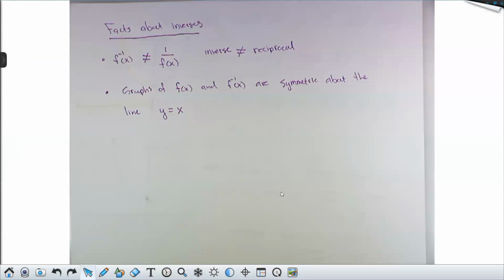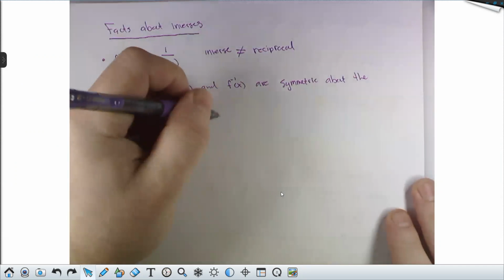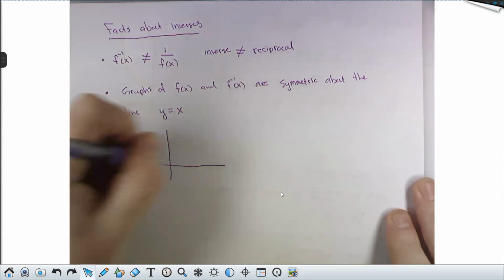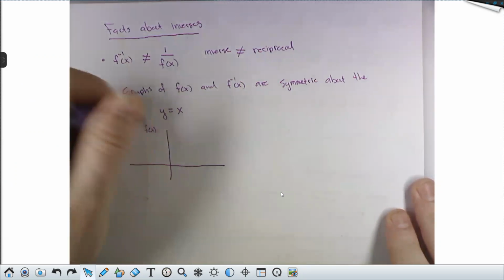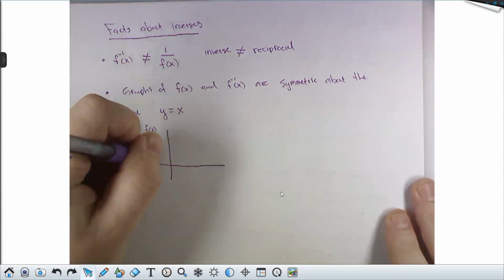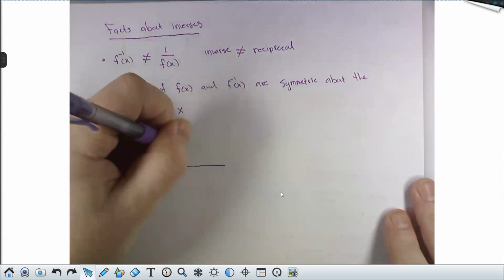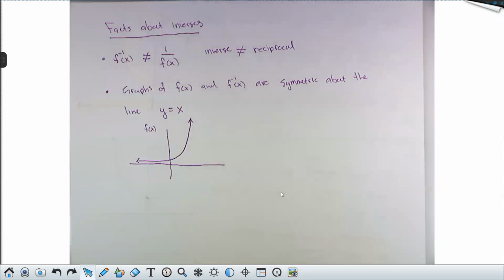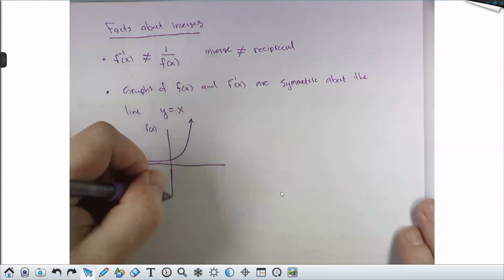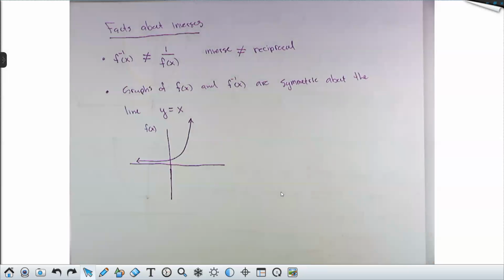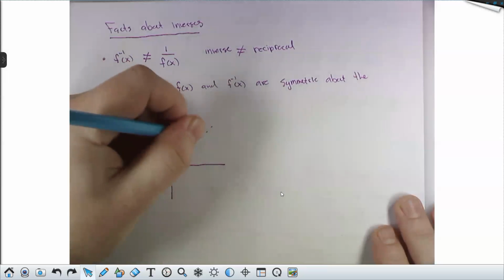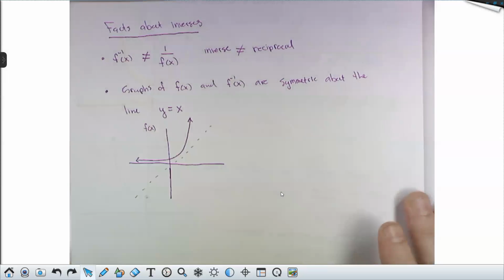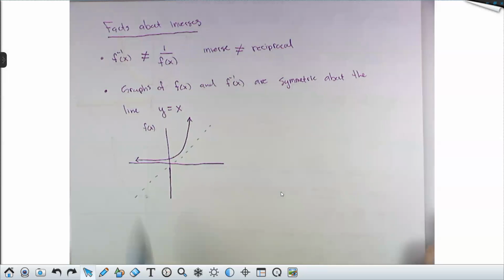So for example, if I came in here and I told you the graph of the original looks like this, then you could draw the graph of the inverse by sketching in the line y equals x, and reflecting the original graph over this line.